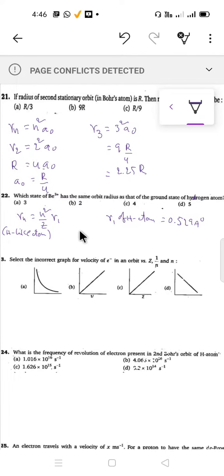For that, R of beryllium 3 plus is equal to n square by Z into R1, and we want to find n.